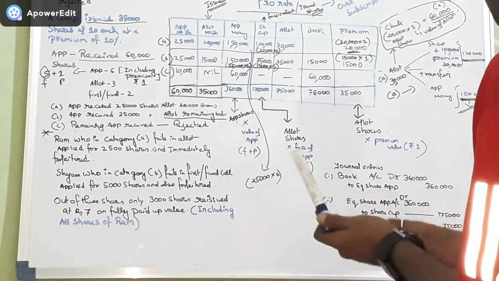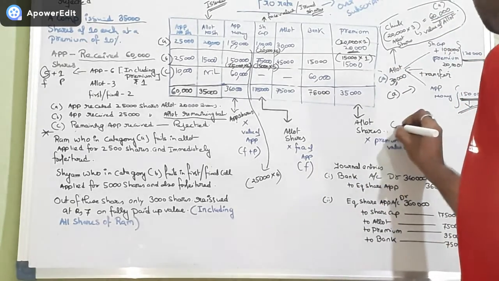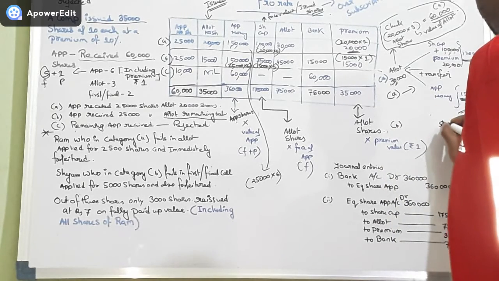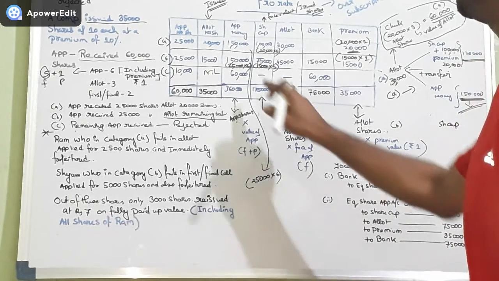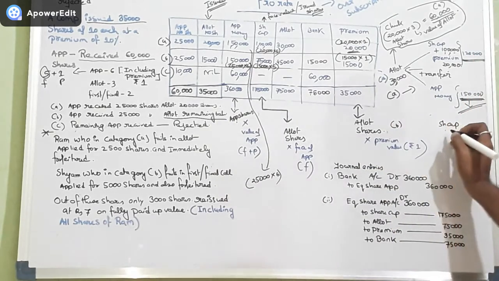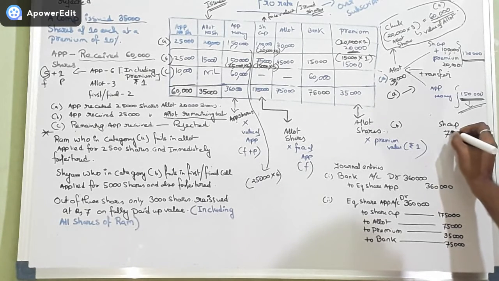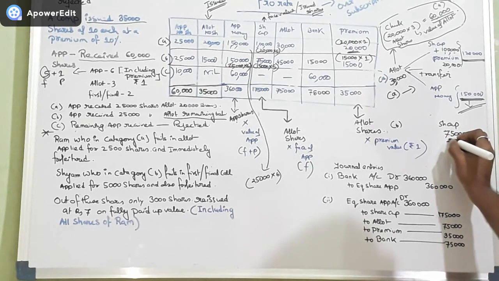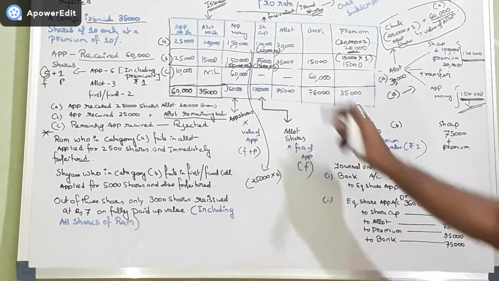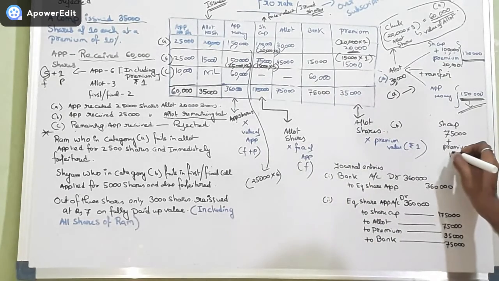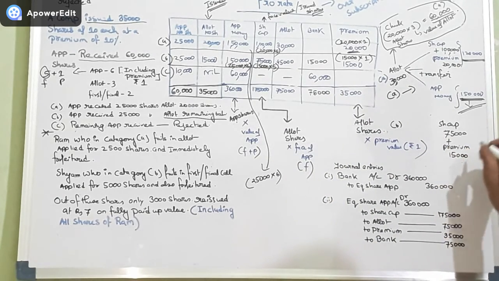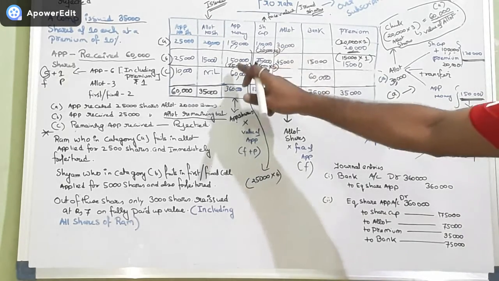Now, for case B, see, share capital is how much? Share capital is 75,000 plus premium. Premium is 15,000. So how much are we getting? 90,000. But the application receipt is how much?